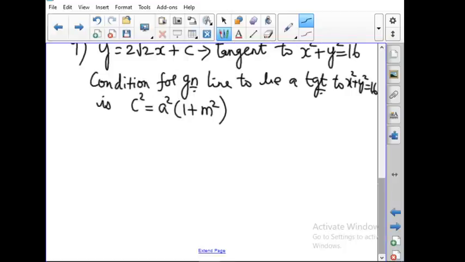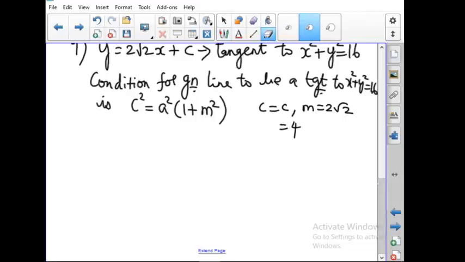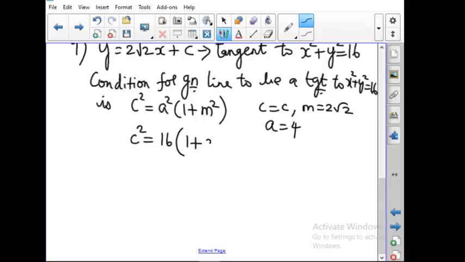Here c is equal to c, m is equal to 2 root 2 and r square is equal to 16, so r is equal to 4. R is nothing but a, the radius, so a is equal to 4. Let us substitute: c square is equal to 16 into (1 plus 2 root 2) the whole square.